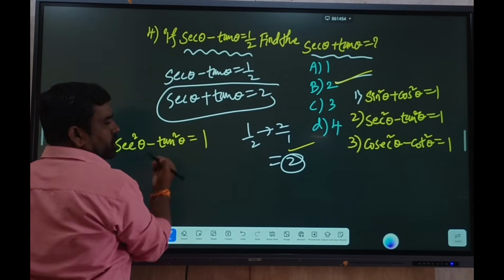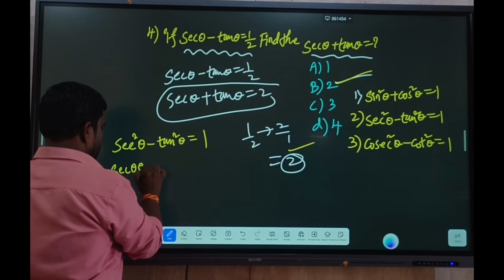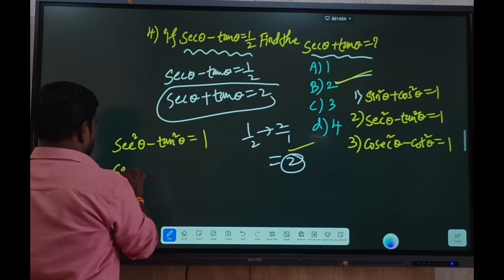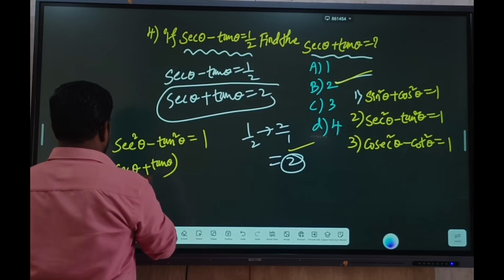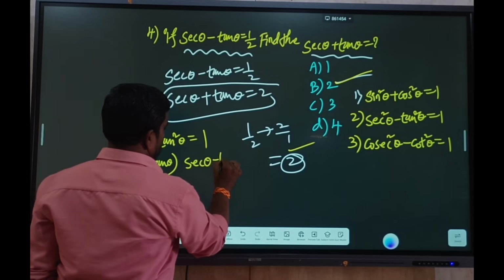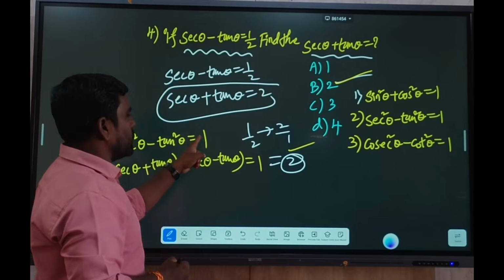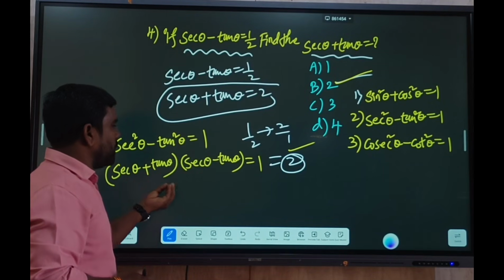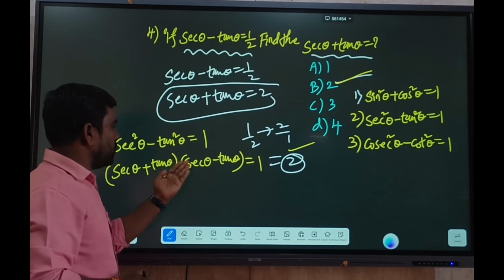So this is the a square minus b square formula, a plus b into a minus b. So secant theta plus tan theta, and the remaining secant theta minus tan theta is equal to 1. Why? Because secant square theta minus tan square theta is equal to 1.